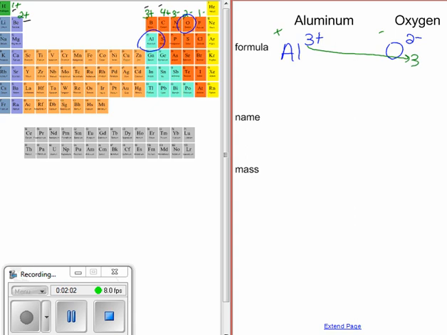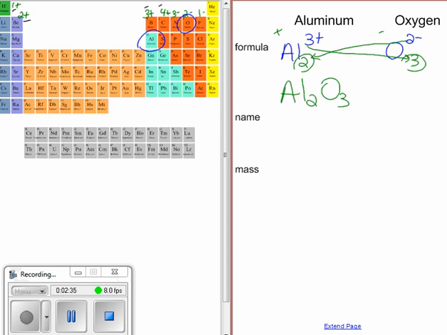So I'm taking my 3 and I'm crisscrossing it and putting it next to my O in the lower right-hand corner. Only the number. I'm not going to do the symbol. I'll do the same for oxygen to aluminum. So now I'm going to rewrite my formula using these new numbers that I dropped off. So I have Al2O3. So that would be my chemical formula.